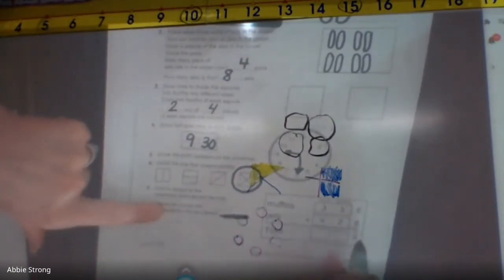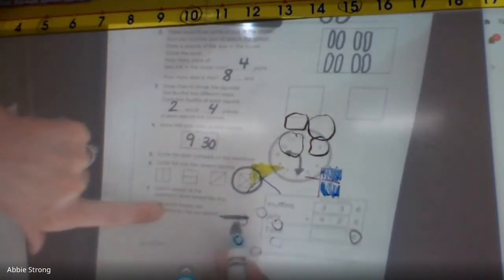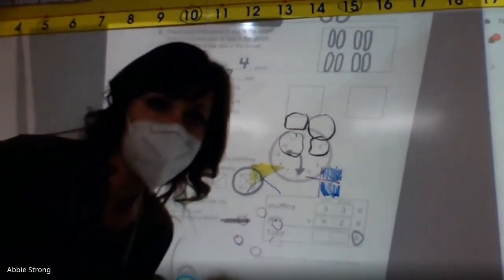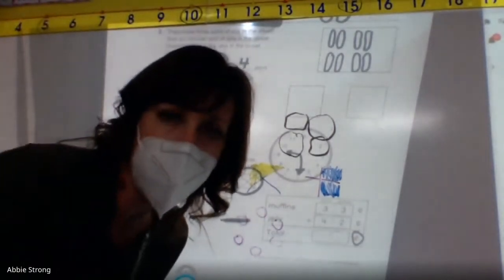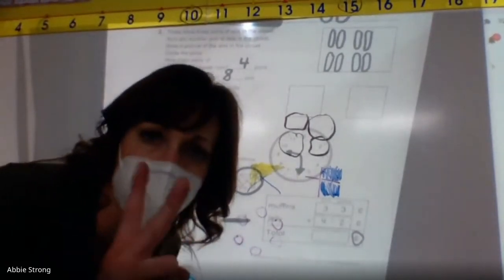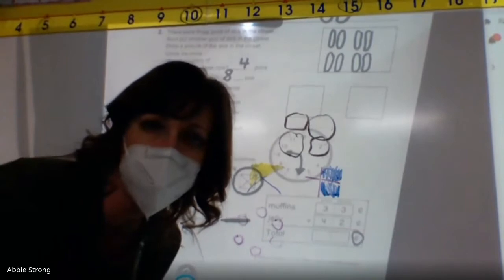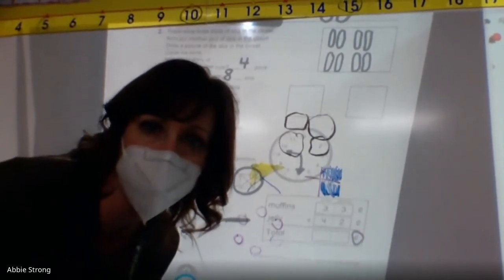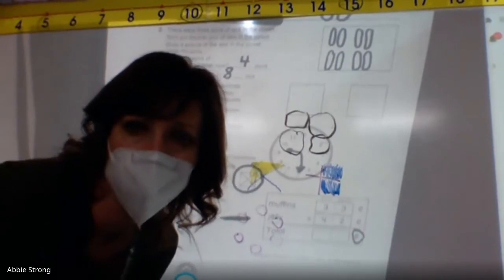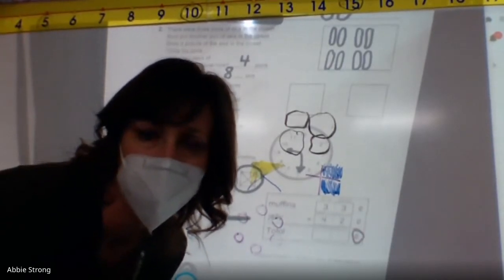Don't forget your cent sign when you write it over here because you need to show that you're adding money. All right, I want you to do that at your table spot. All right, so my friends at home, you're going to finish that last problem, problem number 7. You're going to do the second and the third rows of your fact sheet. Make sure you put the cent.